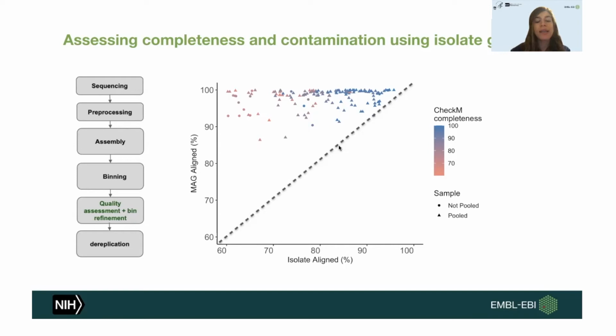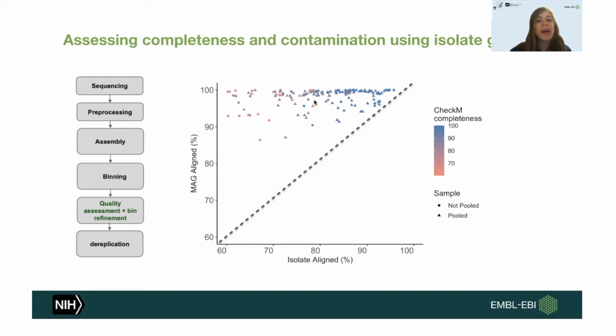If we draw this identity line, we see that, as expected, all the points lie above this line, signifying that the percent MAG aligned was higher than the percent isolate aligned. This was reassuring because sometimes we worry about the generation of chimeric genomes, where perhaps this would not be the case.